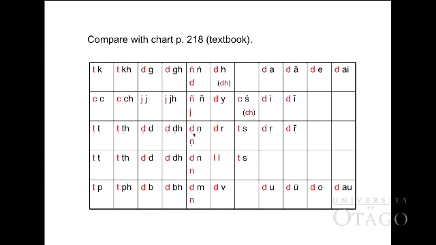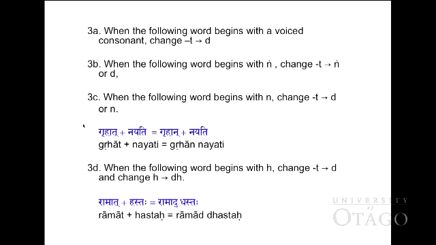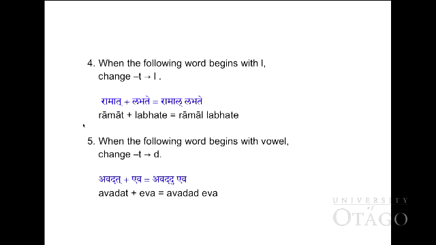And number 3, change to D over here and change T to D and h to dh, and change T to L over here. This is the chart, and there is no change in this area, that is the unvoiced consonants. Now, this is the Sandhi rule we have studied from lesson 10 last semester.